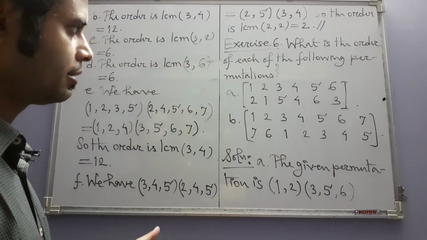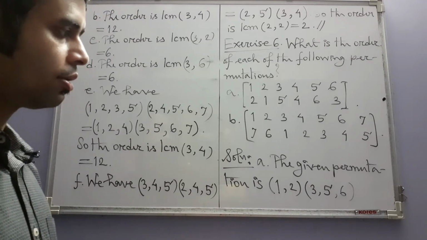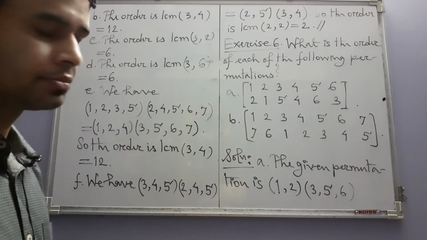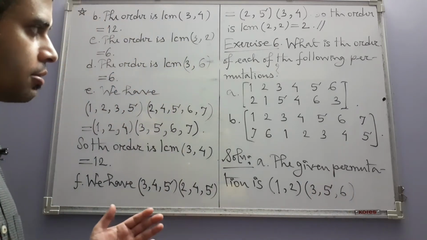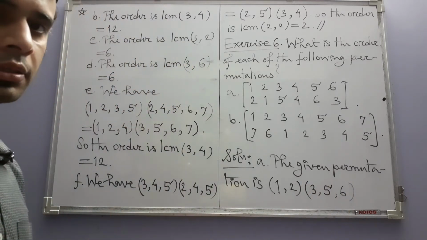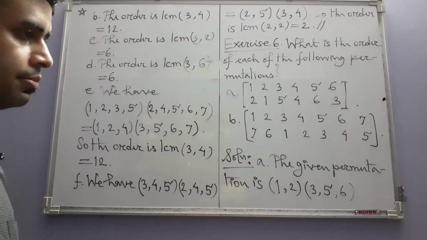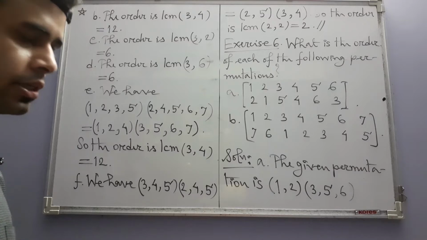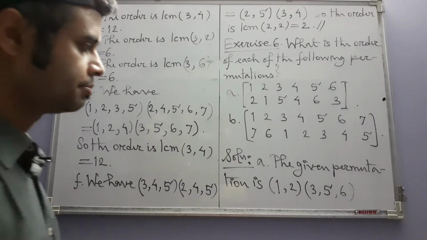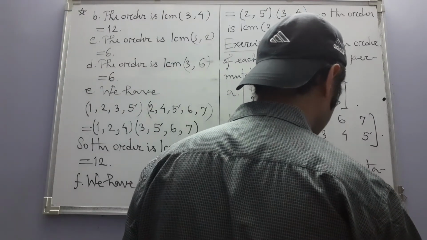And do you see that writing it also does not affect anything? If you write 4 here, that is a 1 cycle. So when you are calculating the LCM, you can take 1, that won't change anything. You can consider 1 or you cannot consider 1. So we choose to not write it.